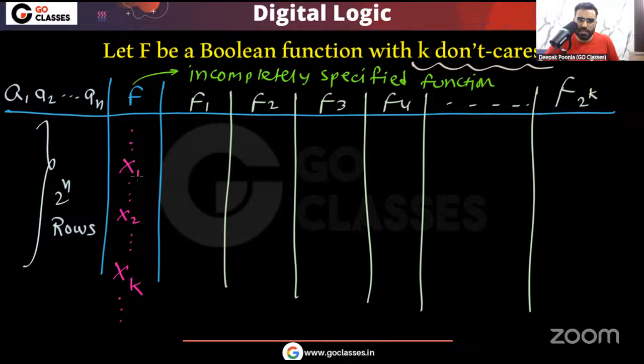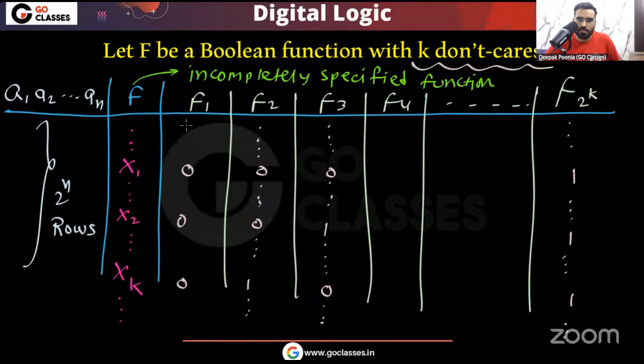Basically, these k don't care combinations can be all zeros, can be like this, can be like this, and so on. I hope you are getting the point. So very simple point.